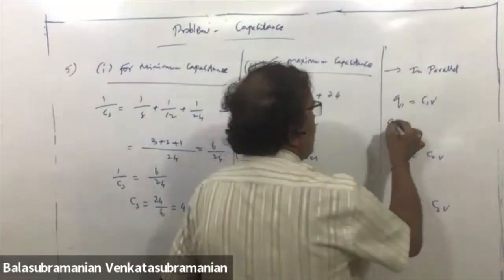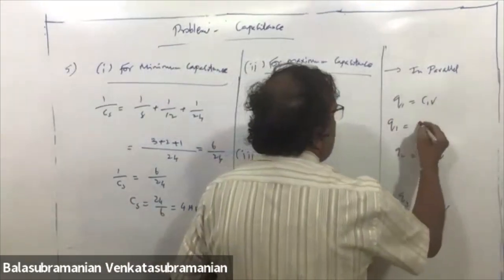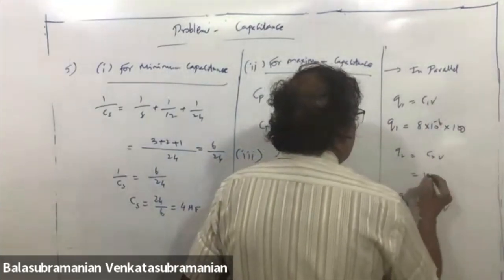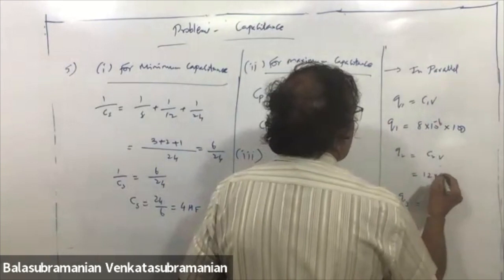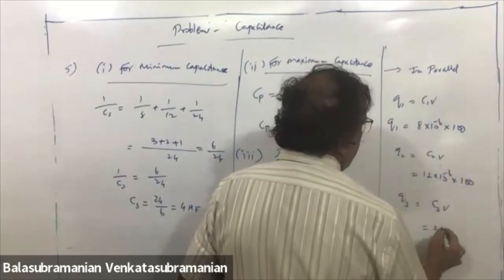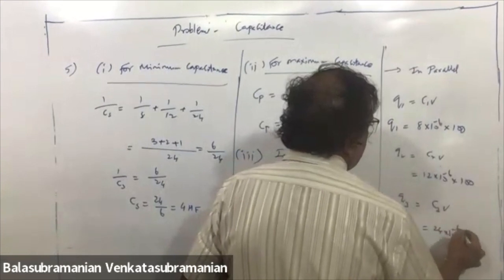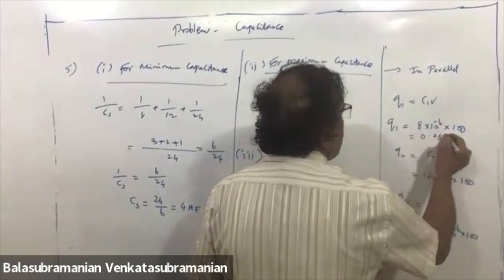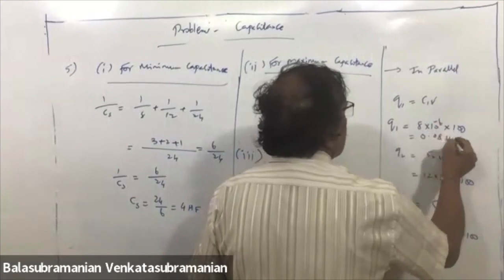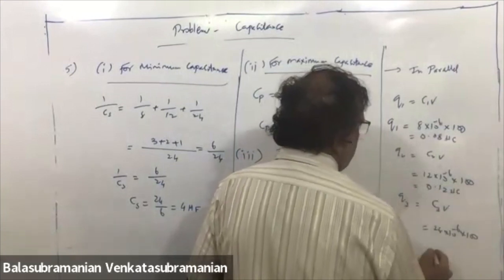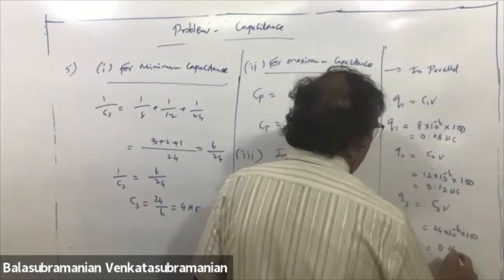That is Q1 is equal to C1, 8 microfarad, 12 microfarad, 24 microfarad. Everything multiplied by 100 volts. 0.08 microcoulomb, 0.12 microcoulomb, 0.24 microcoulomb.